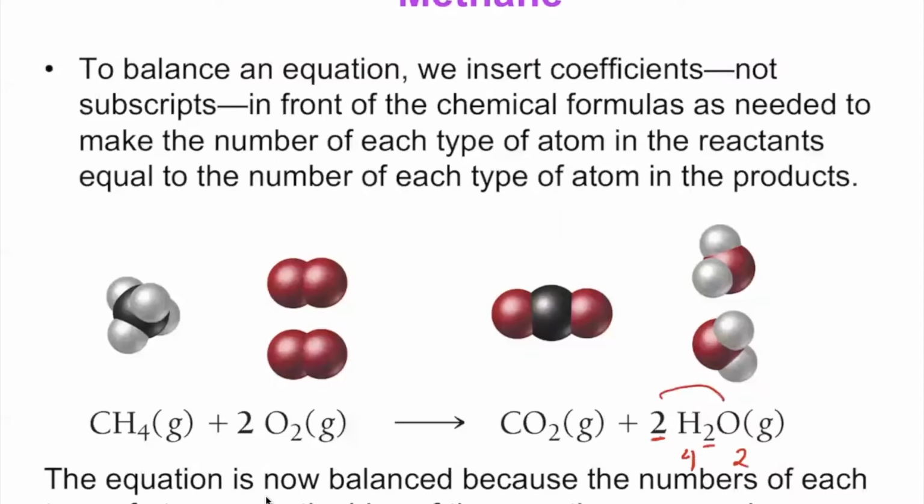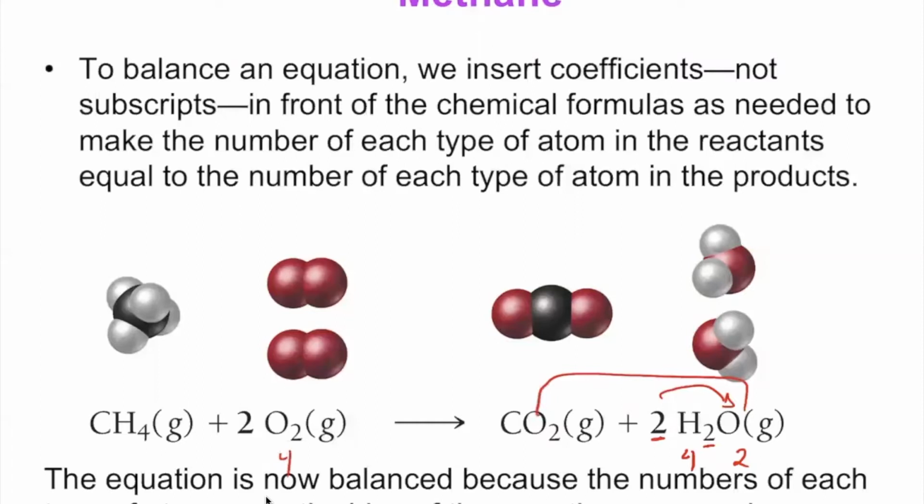That 2 applies to that oxygen. Now in total on the product side, I have 4 oxygens because 2 plus 2 is 4. And on the reactants, I also have 4, which means that my oxygens are already balanced.